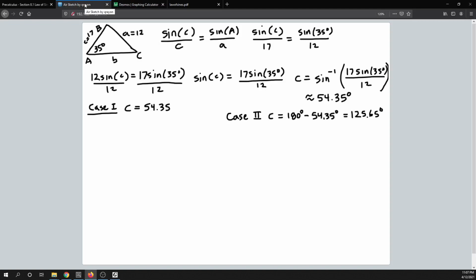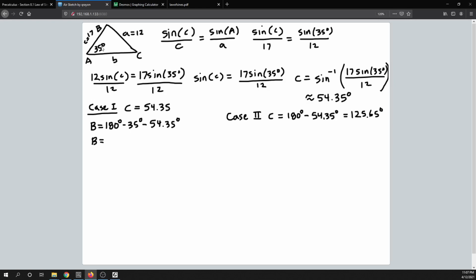All right. Next up, what we would do in each case is to calculate the missing angle, which is angle B. So angle B in case 1 would be 180 minus angle A minus angle C. And remember, this case 1 is always going to give you a solution if you've gotten this far.